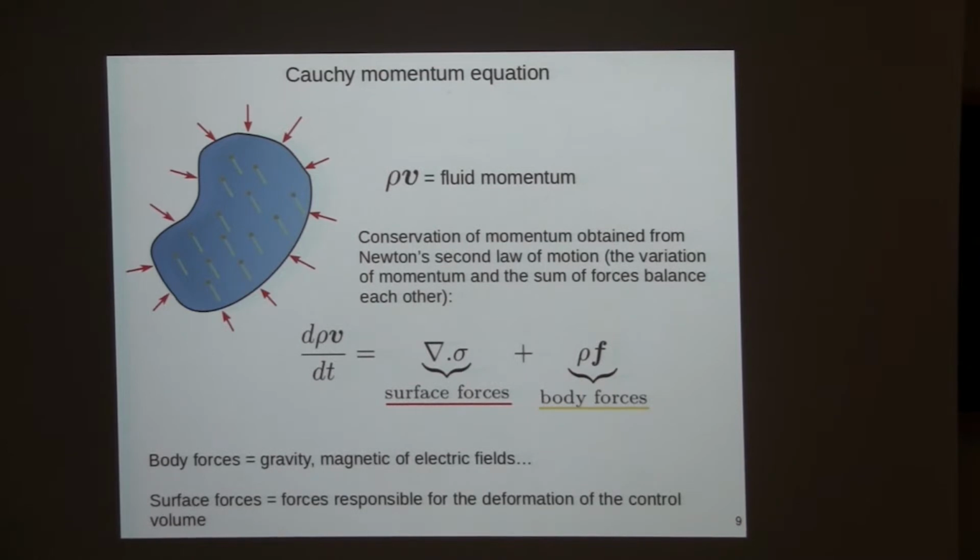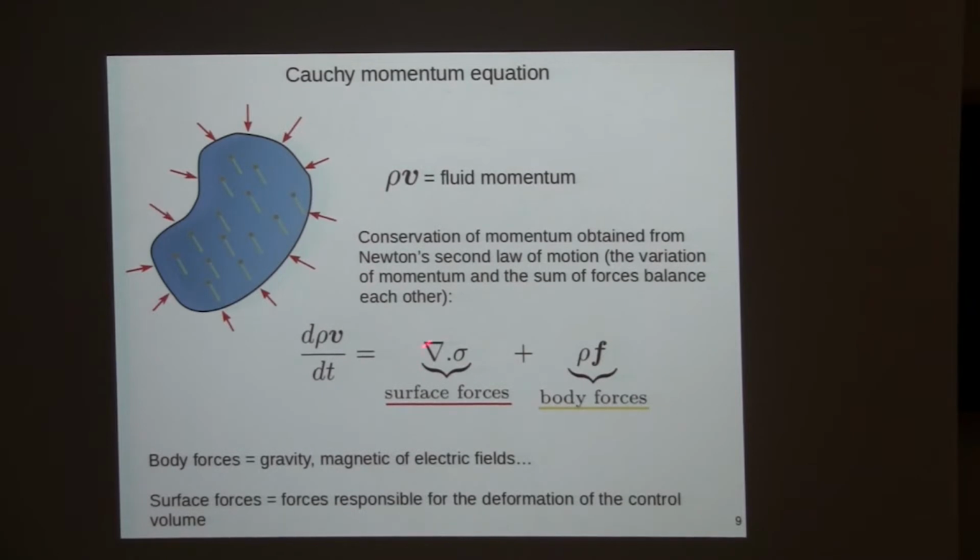For the momentum equation, you have the momentum, the mass multiplied by the velocity, and the conservation of the momentum is obtained from Newton's second law of motion, which means that the variation of the momentum and the sum of all the forces that apply to the control volume balance each other.